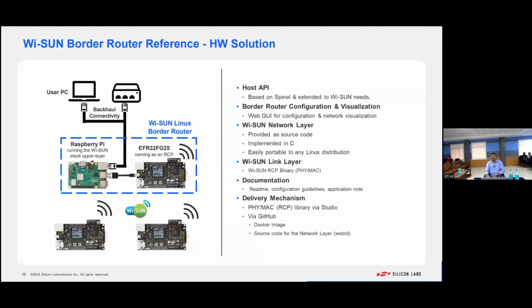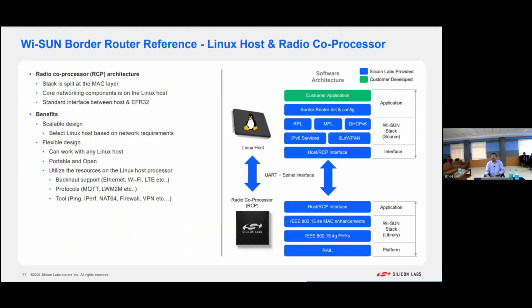And then we have a reference platform for anybody to build and test their applications. We have a bunch of pro kits involved in this, and all the hardware solutions are shown here. But if you look at the border router reference, the Linux host and radio coprocessor is the main thing, where the MAC layer is split into two parts.